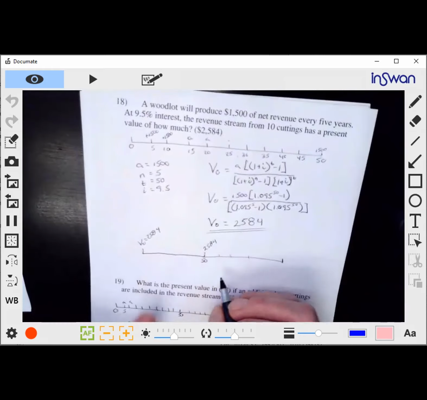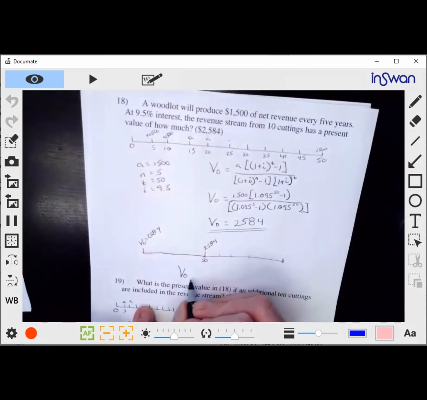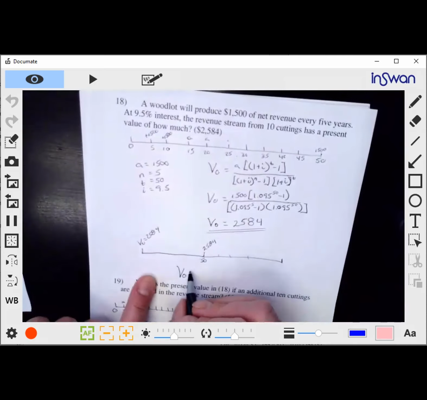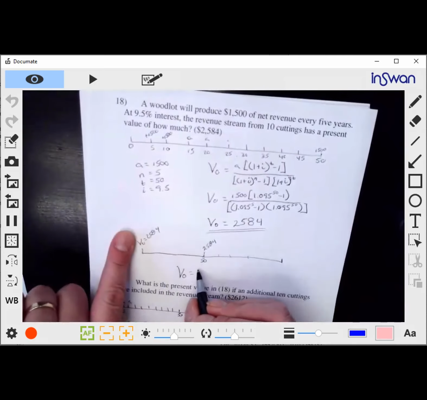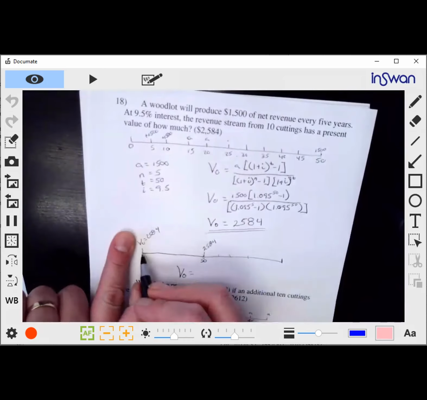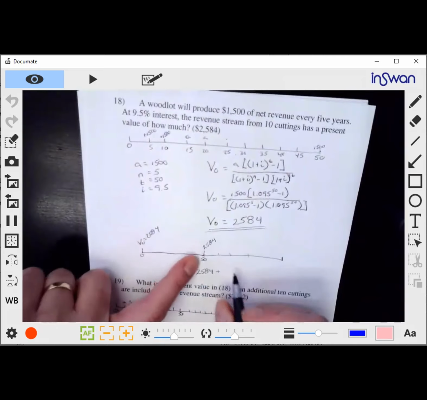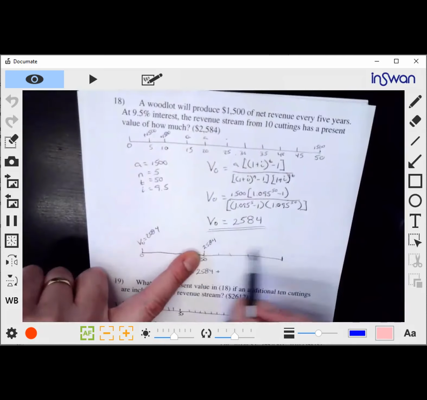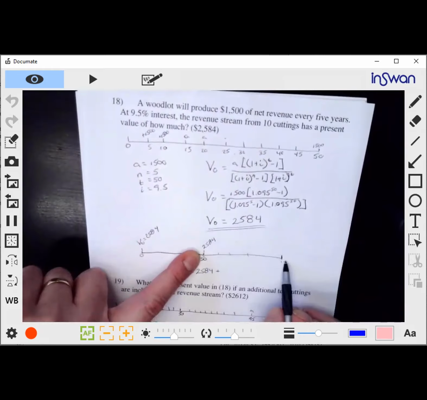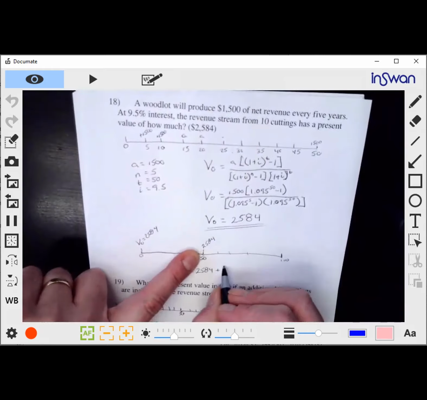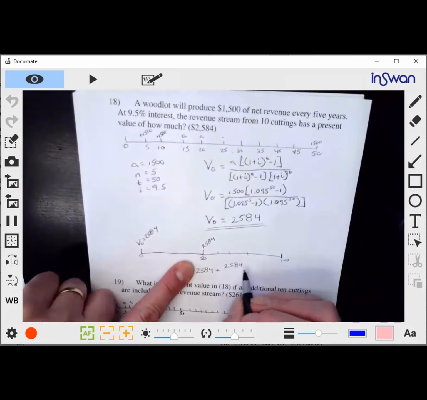So it should be that a V0 for this second one, right, is going to equal the original numbers, which are the first 50 years, which we've already solved to year 0 at 2584, plus this one, which we've already crunched. We know what all of these would be out to 100, right, 2584, but it's sitting out here at 50 years.